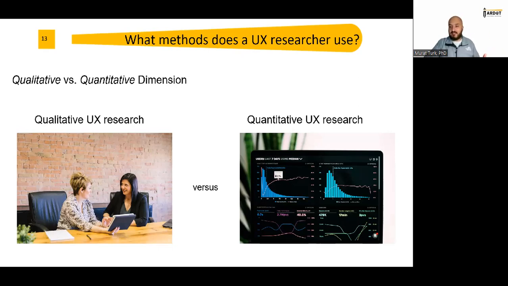Clickstream web analytics like Google Analytics, number of page visits, the conversion rate, how many people visited one certain link, how many of them turned into a purchase, or conversion rate, we call them. A/B testing, surveys, these are some of the most common quantitative UX research methods.